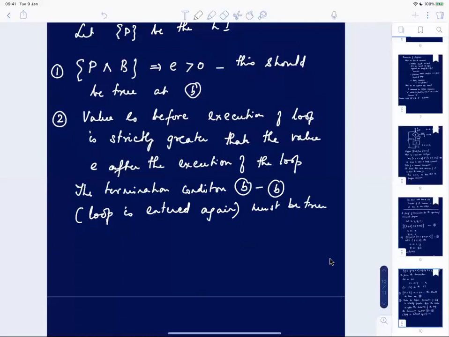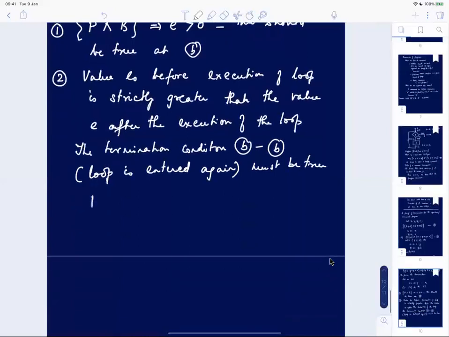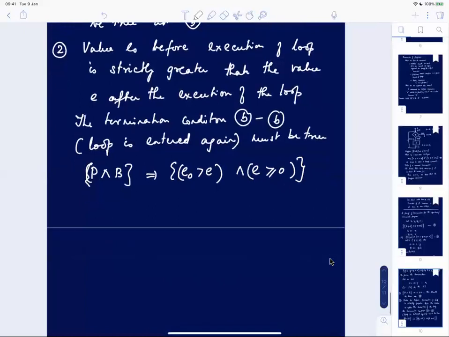Let's look at this: P and B implies E naught greater than E and E is greater than or equal to 0. Of course, once the expression becomes 0, we are coming out. E naught is E before execution of the loop.